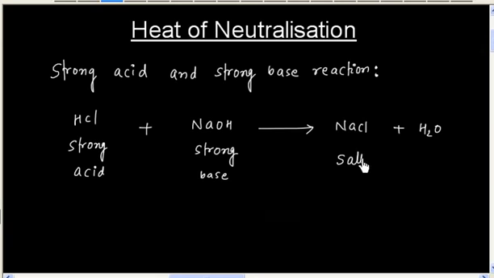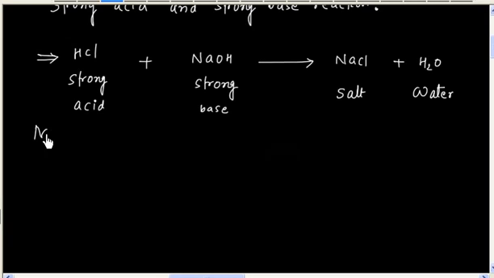NaCl is the salt, and we will also have water. This kind of equation in which we write molecules is called molecular equation.